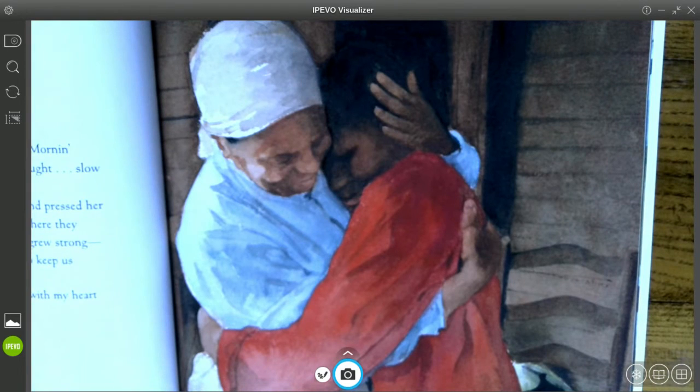So what I want you to do today when you read is step into your character's shoes, and think from their perspective, and ask, okay, what's the central issue that's going on?